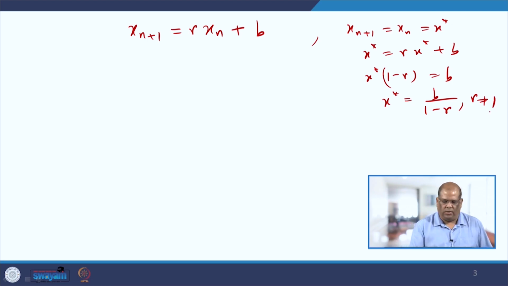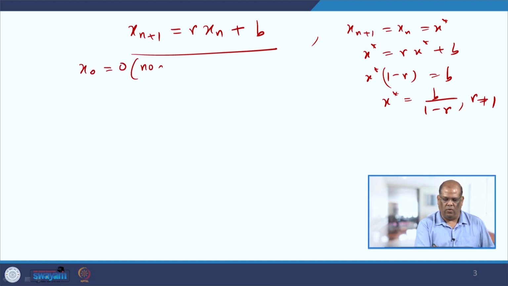Now, let us derive this in another way. At x 0, which is 0, there is no drug, and x 1 is b, which is the first dose.